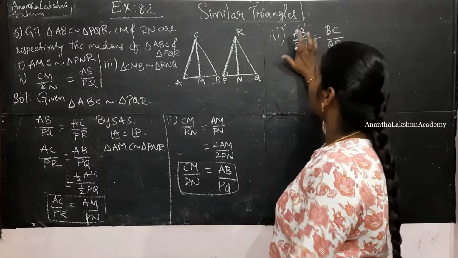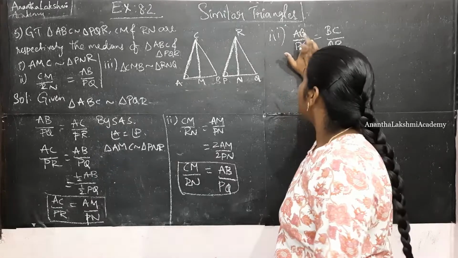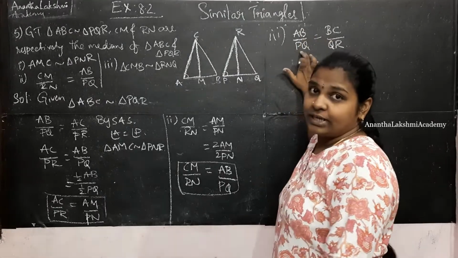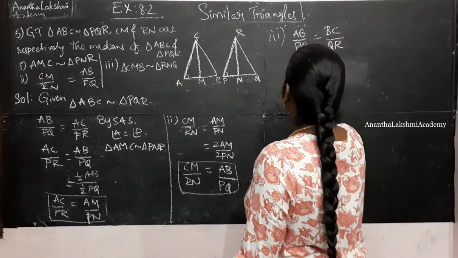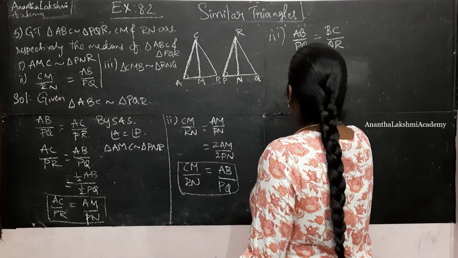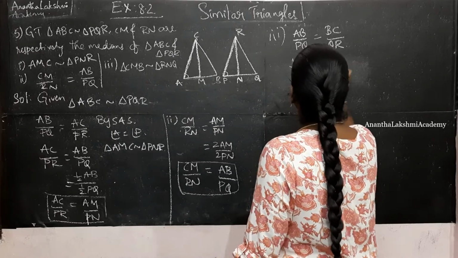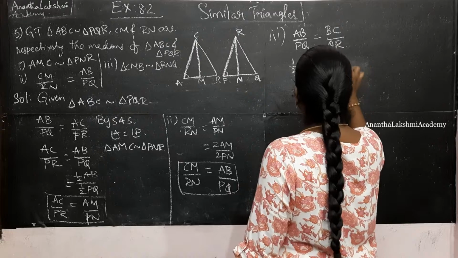So here I am going to multiply numerator and denominator with half on LHS. That gives half AB by half PQ is equal to BC by QR.